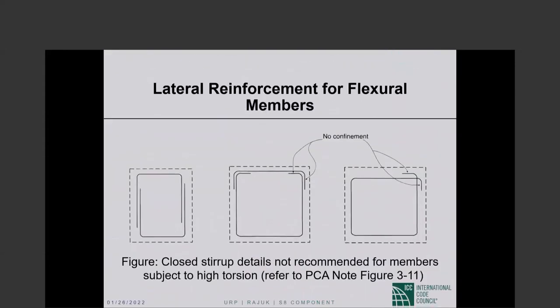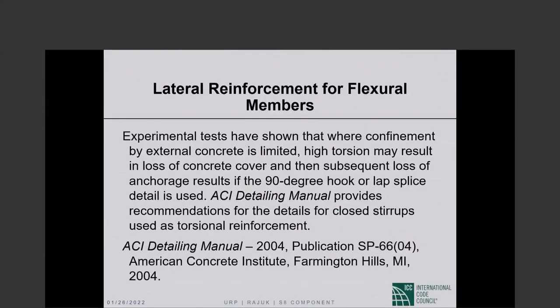This we have discussed, and I will skip. I think the bottom line is we have discussed thoroughly closed transverse reinforcement for torsion, and we will thoroughly discuss closed transverse reinforcement for high seismic construction.